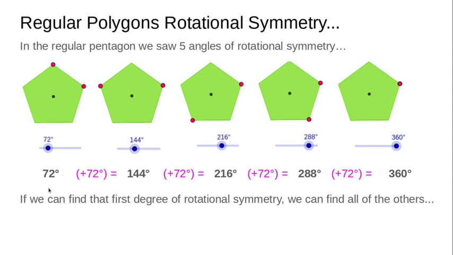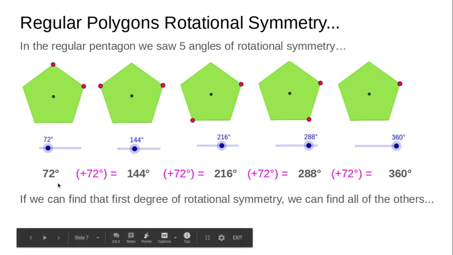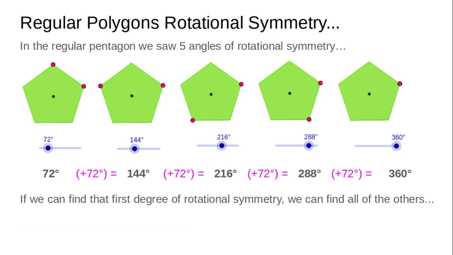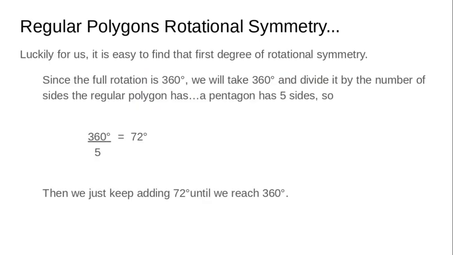So if I can find this number right here, the original first rotational angle, it will allow me to find all of the others because I can just keep adding that number over and over and over again. But the key is I have to find that first one so that I can figure out all of the angles at which point the turn is going to cause it to stop right on top of itself.